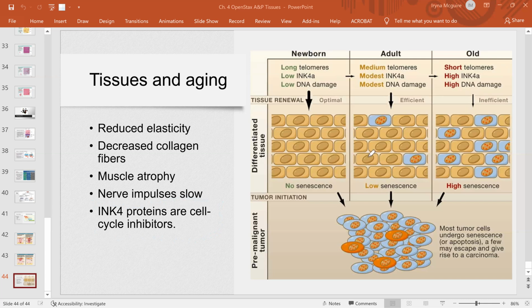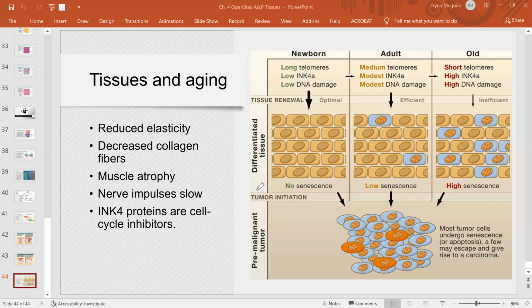And if cells cannot divide, then you cannot renew your tissue very efficiently. So tissue renewal is optimal when you are very young, efficient when you're an adult, and inefficient when we get to our old age. Right.